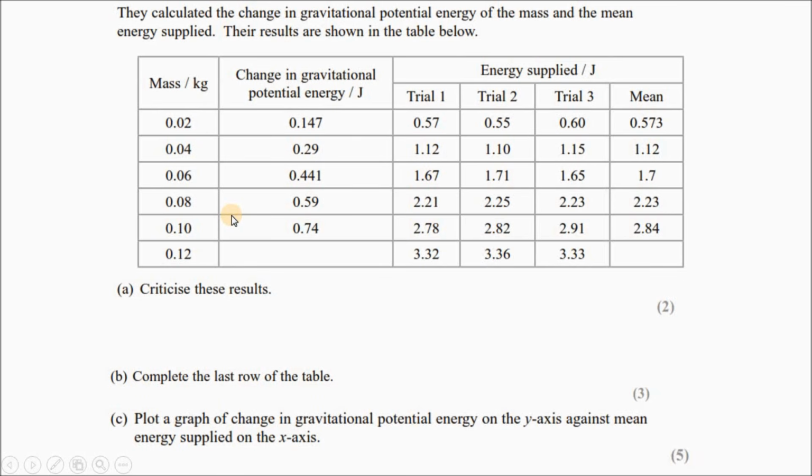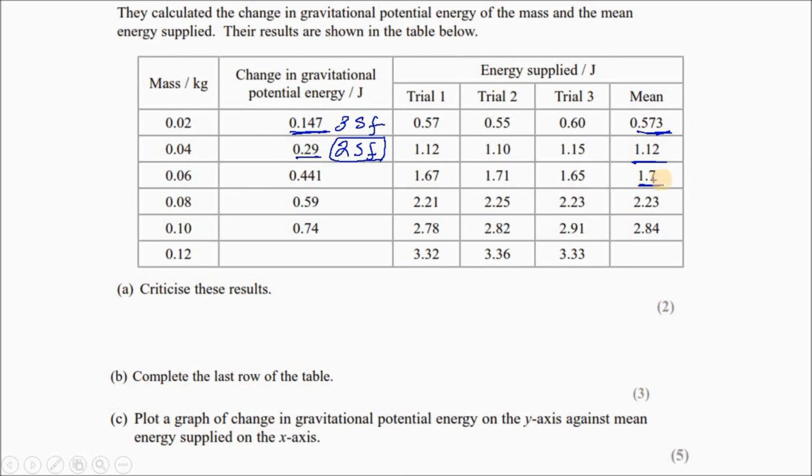Now if you see the first column, we have three significant figures, 3SF, and then 2SF. That means they used inconsistent significant figures in the gravitational potential energy column. And if there is any anomalous result, I don't think so. Again, you see the mean value column: 0.573, 1.12, and 1.7.